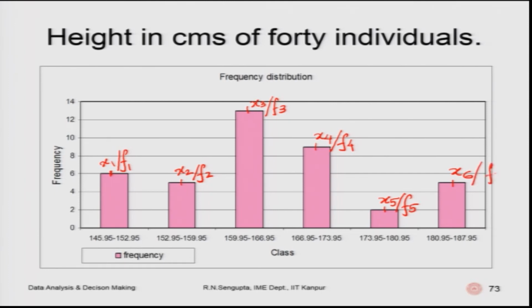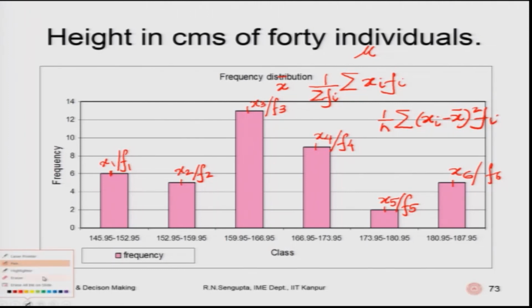So, what I do is sum the values xi into fi divided by the summation of fi, and that will give me the mean value, which I will denote by x bar for the sample. If it is not for the sample, it will be denoted by mu, but I am not going to consider that. Then the variance would be given by 1 by n summation of xi minus x bar whole square into fi.